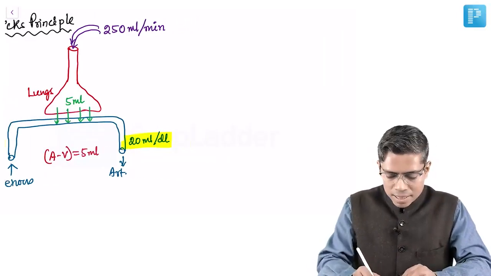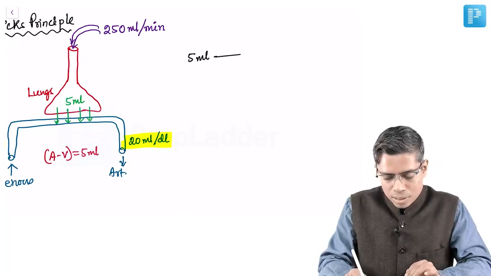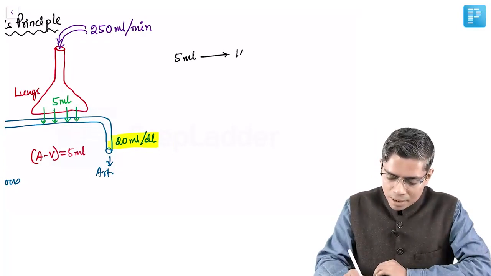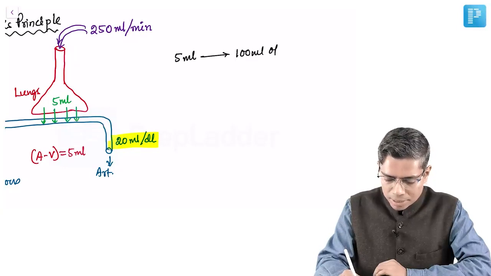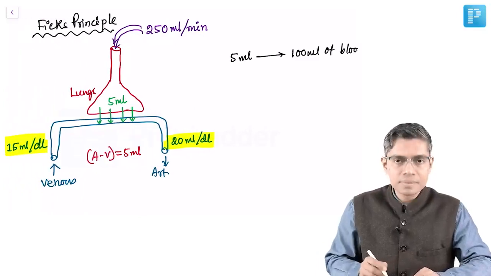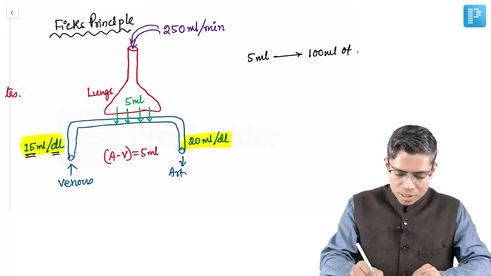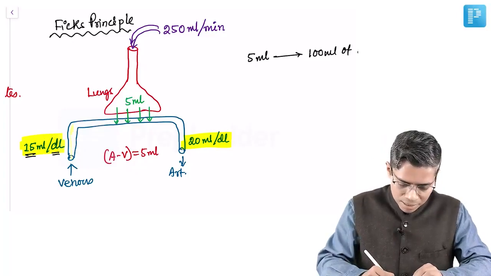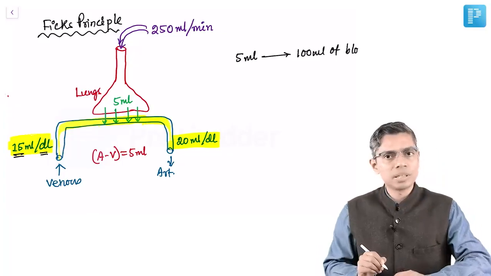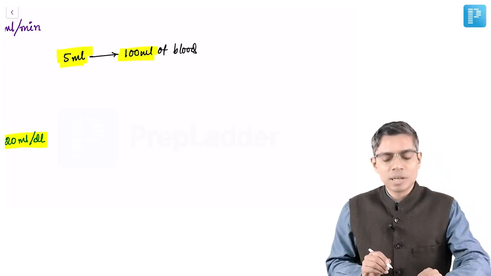Now I can say that 5 ml oxygen is absorbed by 100 ml of blood. So this 100 ml blood is reaching the lung, and that 100 ml blood is taking up this 5 ml of oxygen from the lung, right? So 5 ml oxygen is taken up by 100 ml of blood.